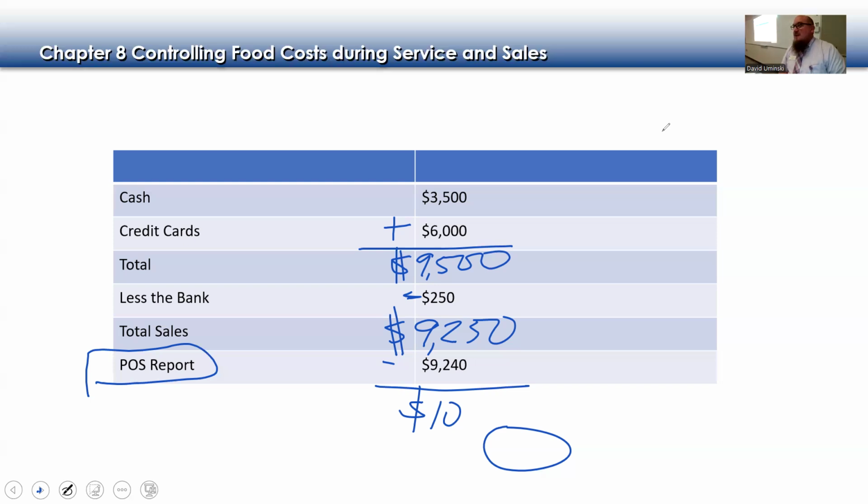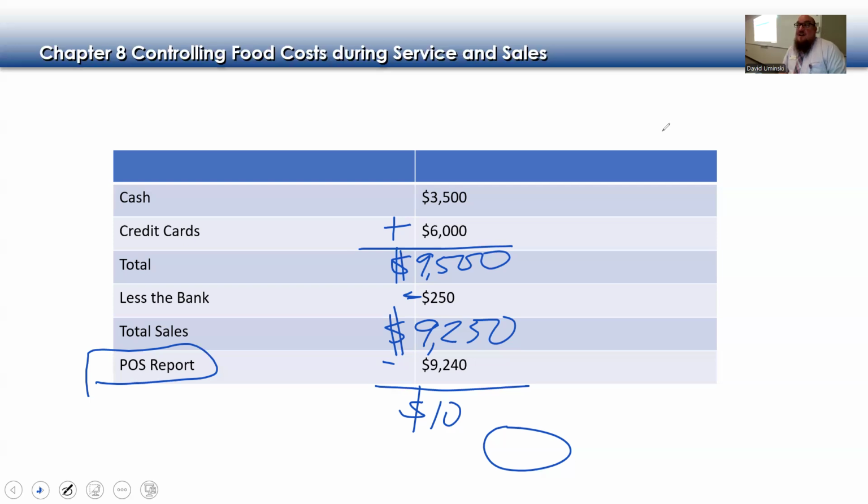Does the cashier get to keep that $10? No. Is it good to be $10 over? I mean, you're bringing in more money to the business. The answer is no. It is not good to be $10 over. Why? Because it's not honest. It's technically stealing.